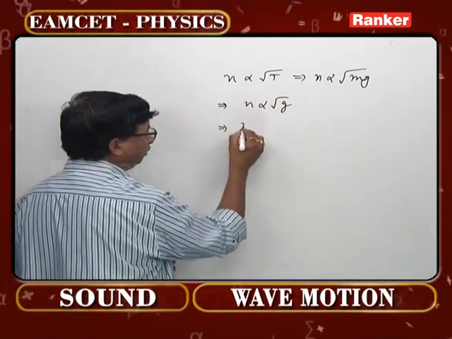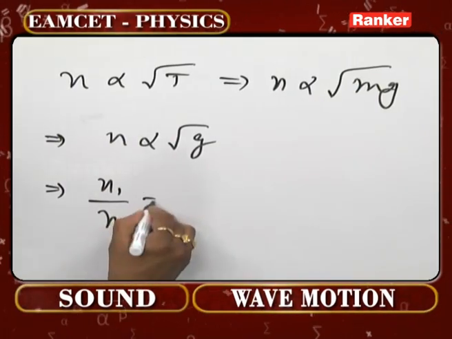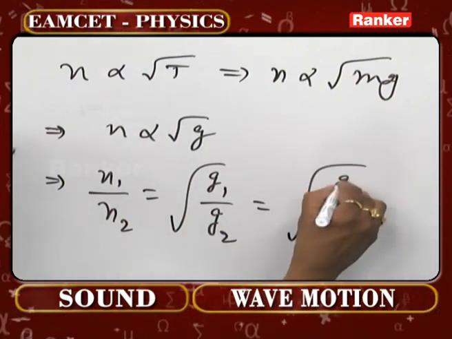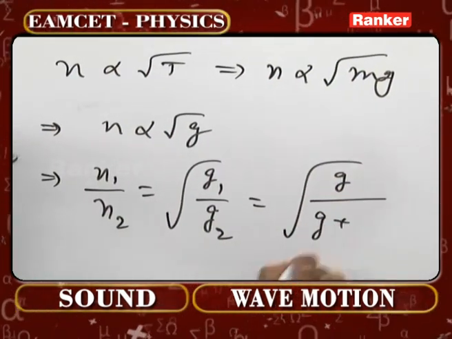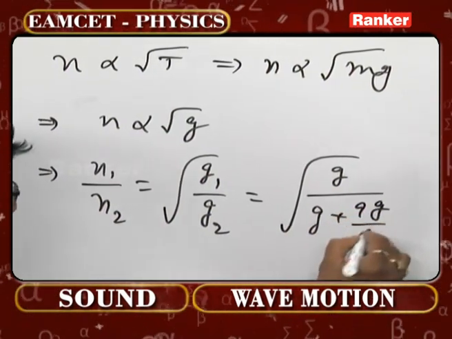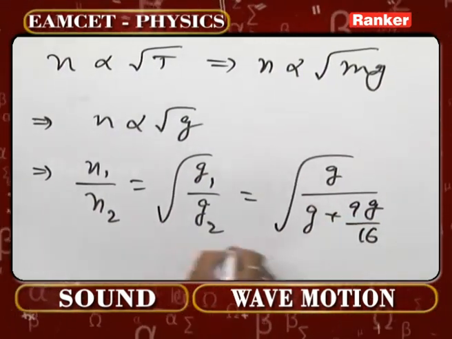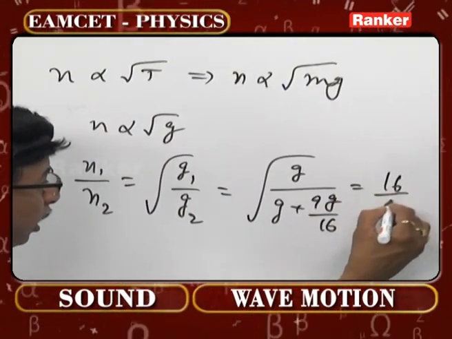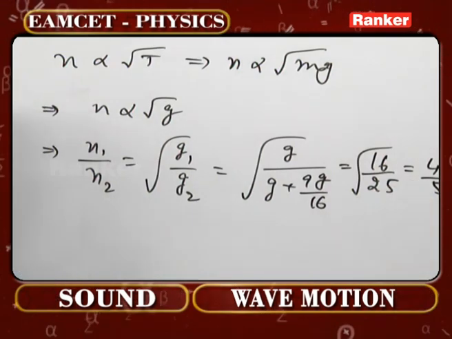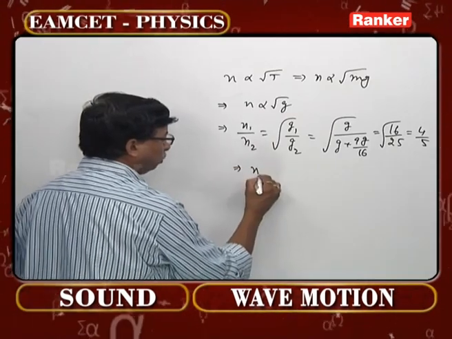So how to rewrite this one now? N1 by N2 is equal to root of G1 by G2. G1 is G initially. G2 is G plus 9g by 16. That is the value mentioned. So how much will it now become? 16 by 25 under root. That means, is it not 4 by 5? So what will be N2, the question?